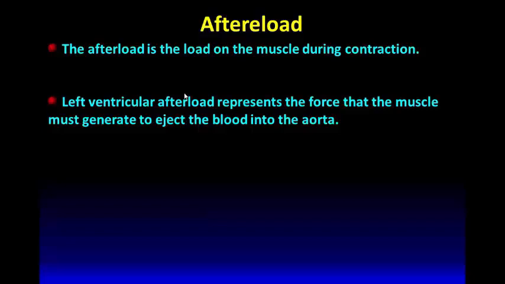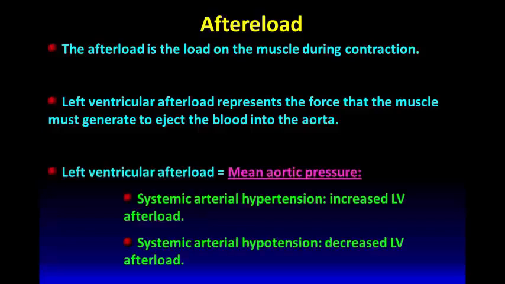We mentioned in the 2 lectures on the cardiac cycle that the left ventricle cannot eject blood unless it generates enough pressure which slightly exceeds the aortic pressure in order to open the aortic valve and begin ejecting blood into the aorta. Hence, the afterload of the left ventricle is the aortic pressure. Systemic arterial hypertension increases the aortic pressure and hence increases left ventricular afterload. On the other hand, systemic arterial hypotension decreases left ventricular afterload.